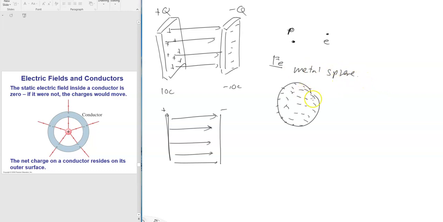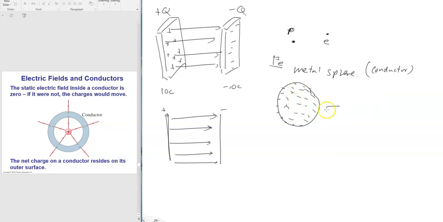So a conductor, for example, is a conductor. These electrons have freedom to move around, and you know that like charges try to repel each other as much as they can. So there's repulsion between them. They all try to take maximum distance away from each other.